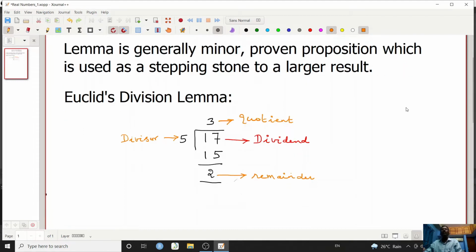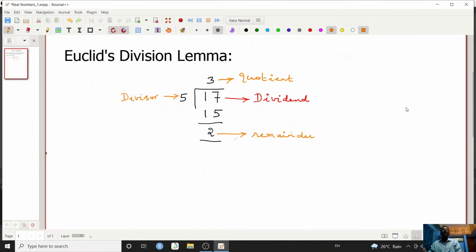Now, if you carefully look at this, you can write 17 as 5 times 3 plus 2. What is 17?